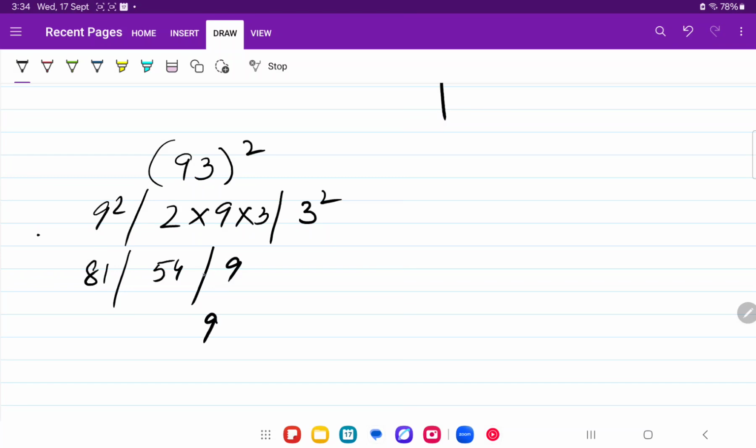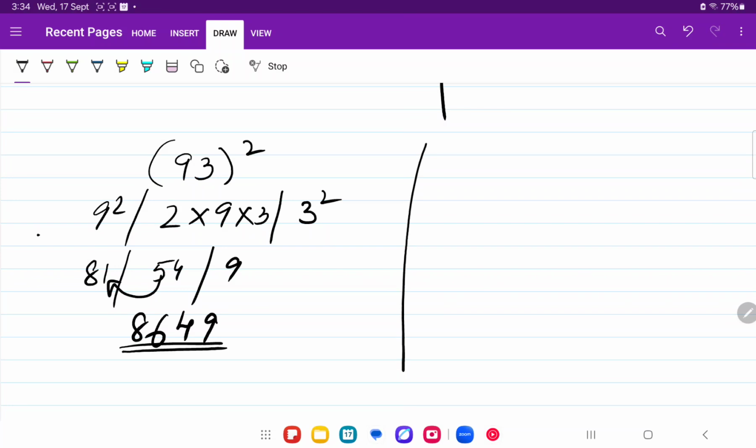So 9. And there is no carry forward here because 9 is only a single digit, correct? So you will bring the 4 as it is. 5 obviously will be an addition. So 5 plus 1, 6 and 8. Go check with your calculator. Are you getting the same answer? Yes, you will get, right?